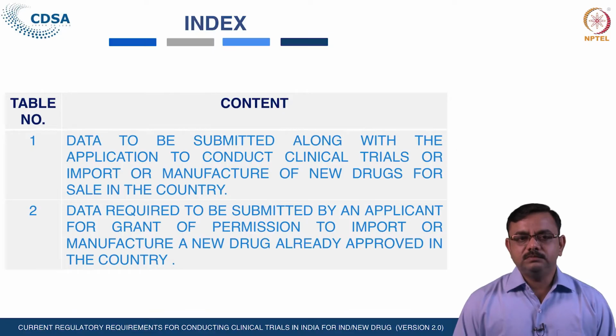If it is a fixed dose combination, then data related to the FDC, excipient compatibility, comparative evaluation, then stability study including photostability and forced degradation are required to be submitted. Then, with respect to preclinical studies, animal pharmacological and animal toxicological studies are required to be submitted.